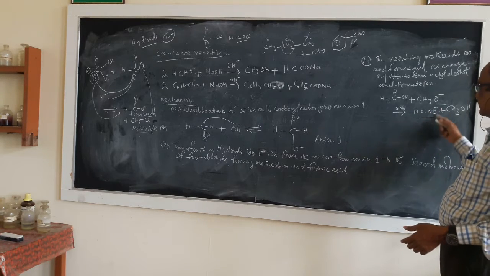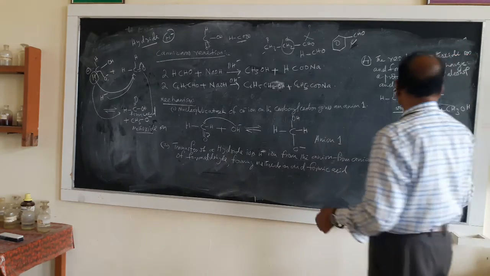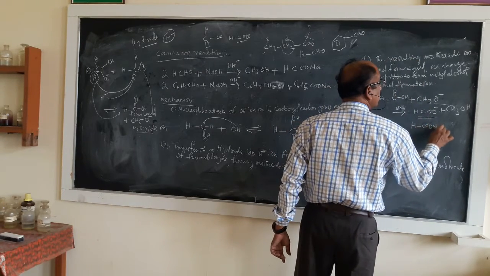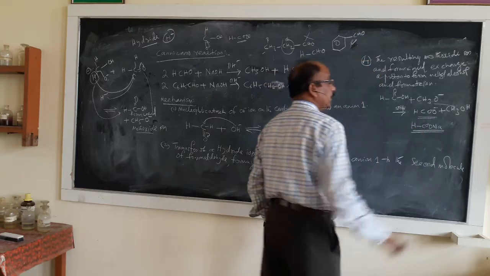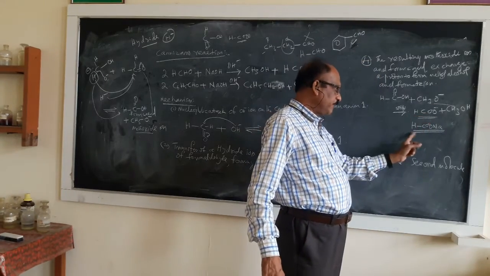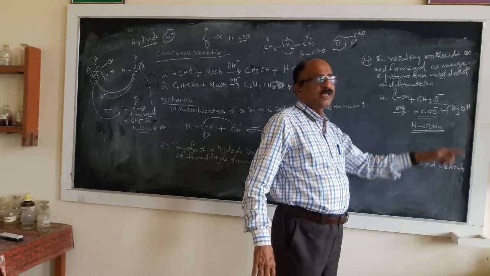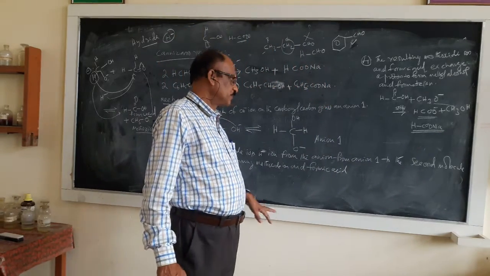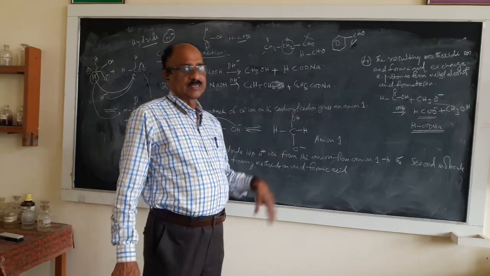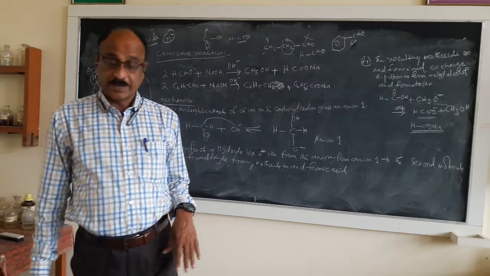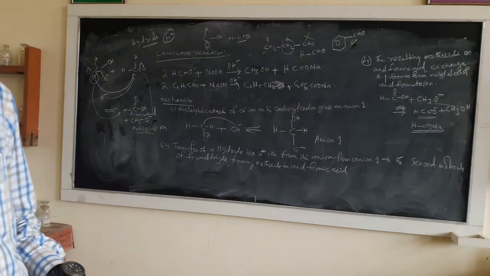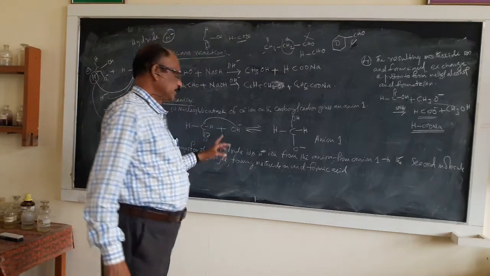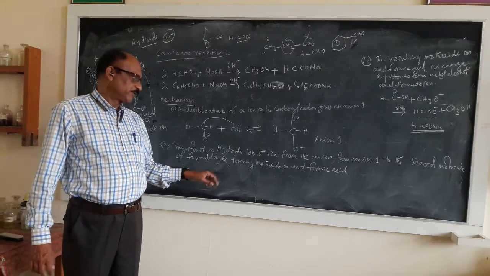The formate ion is formed, and since sodium hydroxide is being used, this formate ion will change into HCOONa, that is sodium formate. Understand? So this is a special reaction known as the Cannizzaro reaction. From the examination point of view, both the first reaction as well as the second reaction are important.